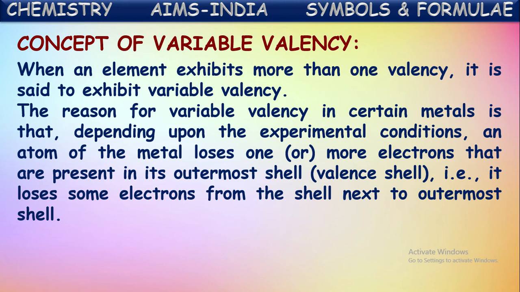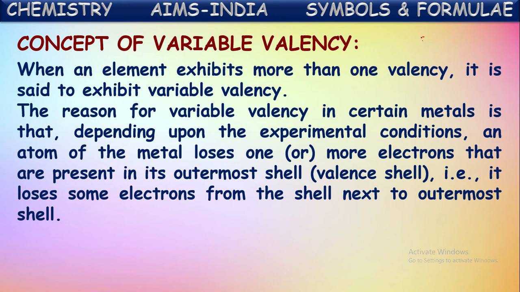That is why sometimes it will show one valency and at other times another valency. That's called variable valency. Did you understand the reason? In some metals, in some chemical reactions, they lose electrons from the outermost shell, meaning the last shell.